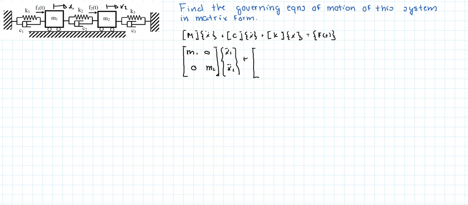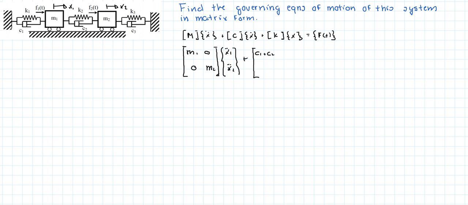Now for the damping matrix and the stiffness matrix, the diagonals are filled with the sum of all the elements that are attached to it. What I mean by that is, let's say for the first mass, you have C1 and C2, damper 1 and damper 2. So on the diagonal of the first equation, we have C1 plus C2.